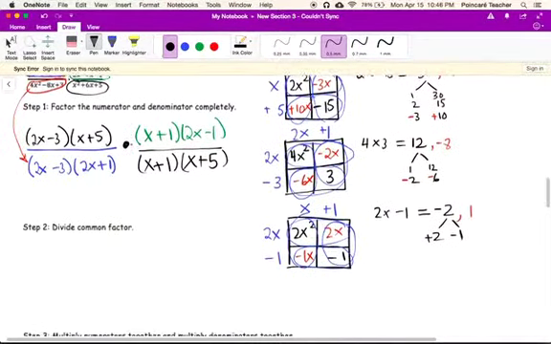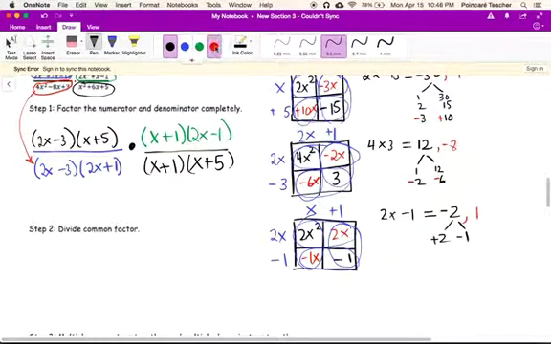Okay, so now step 2, I'm going to do it on top of this one. So divide common factors. I look at the numerator and denominator, and I want to cancel them out in pairs. I see a 2x minus 3 here, 2x minus 3 here. So I cancel them out. I see an x plus 5 in the numerator here, and x plus 5 here, so I can cancel those out. Okay, and then I have a 2x minus 1 here, and this 2x plus 1.